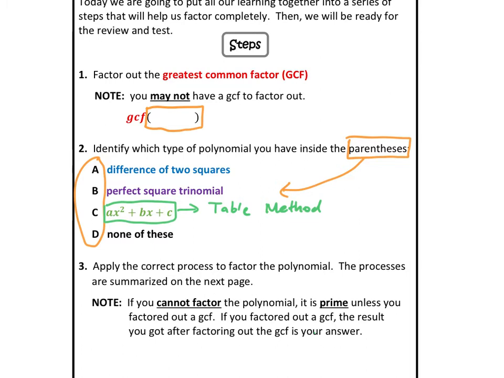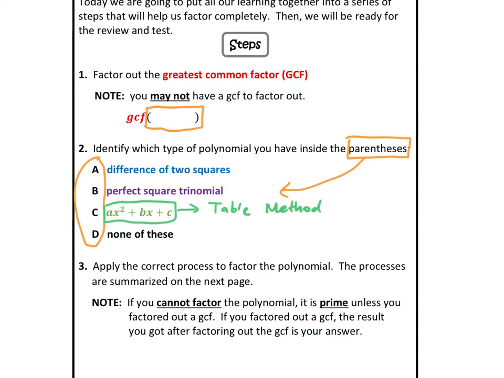But keep in mind, again, if you took out a GCF, then your answer is not prime. But if you didn't have a GCF and none of the methods that we've learned were used, so you'd say none of these, if there is no GCF, then it's prime. Again, let me write that on the side.